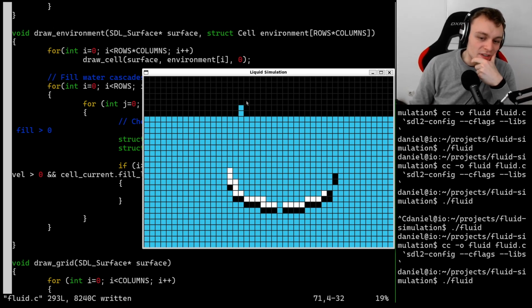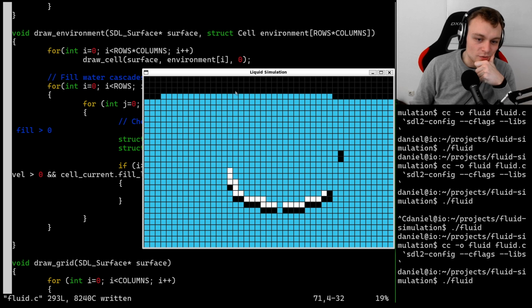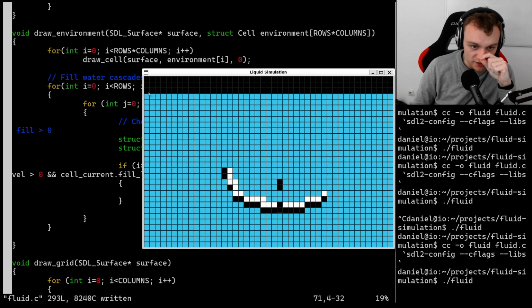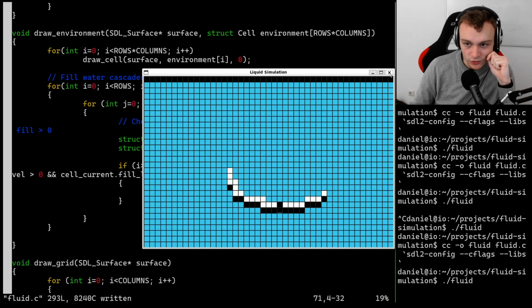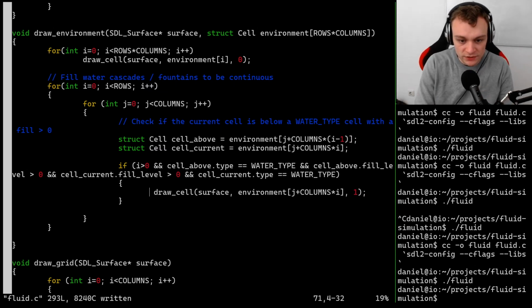Could it be that our model is so precise that it will distribute fluids out to the sides in tiny, tiny fractions that are of size smaller than 1 pixel, so that we don't see them, but with this new code we actually see them? This might be the explanation.